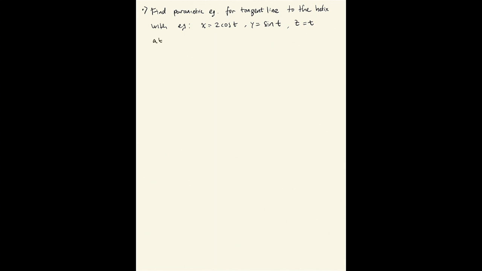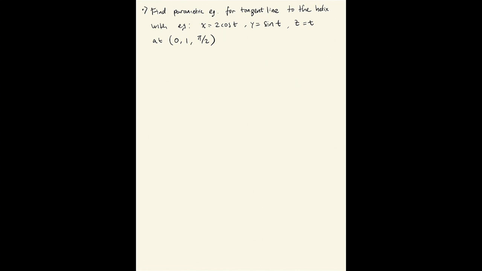At the point 0, 1, pi over 2. So you need to find the tangent line. First, you need to understand the question, right? You need to find the parametric equations for the tangent line.